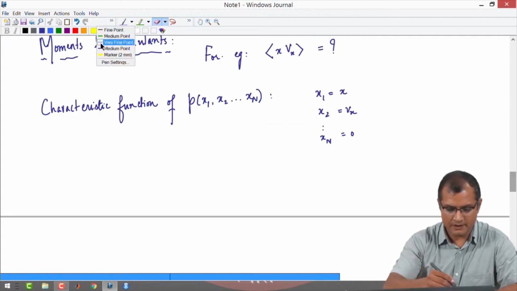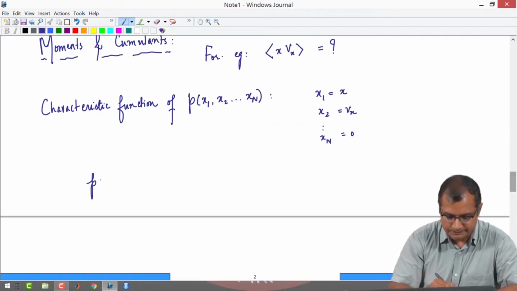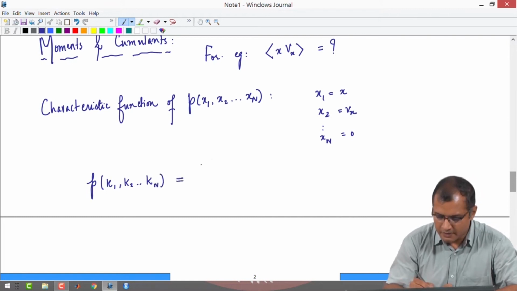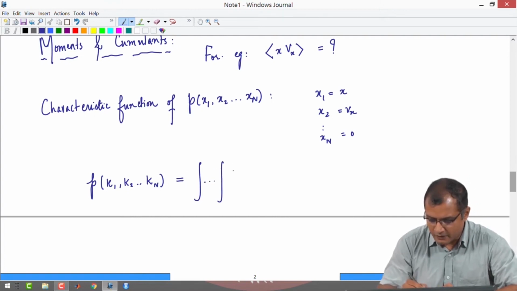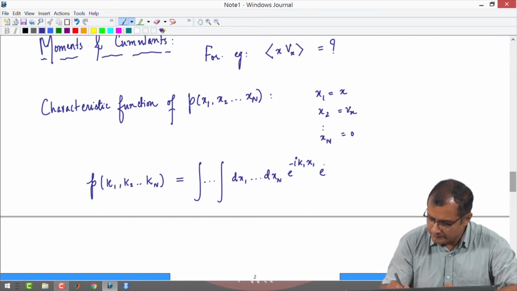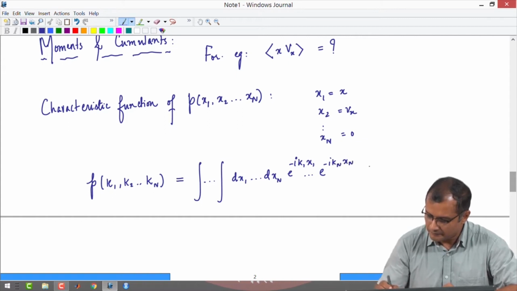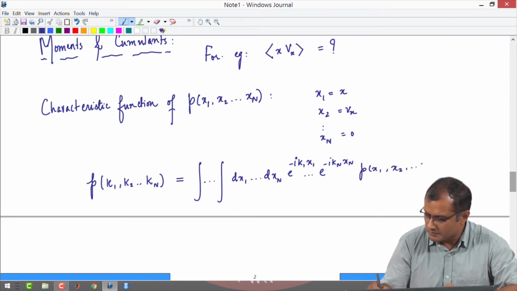Now, the characteristic function can be computed as a function of the set of k's that is, by definition, the multidimensional Fourier transform of our multivariable distribution.